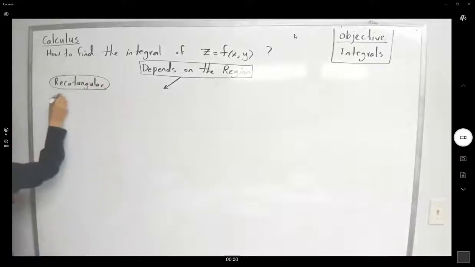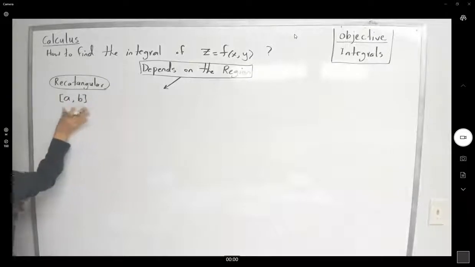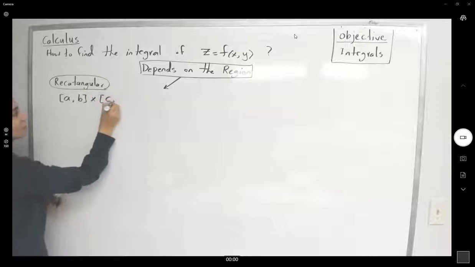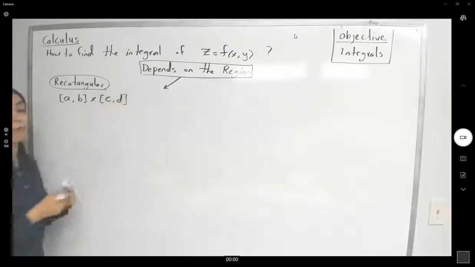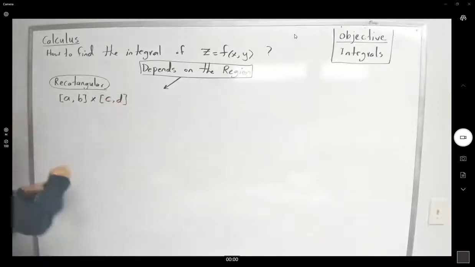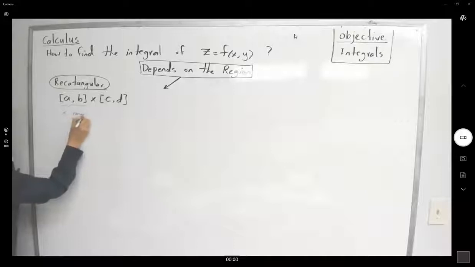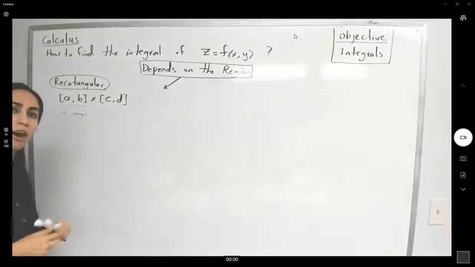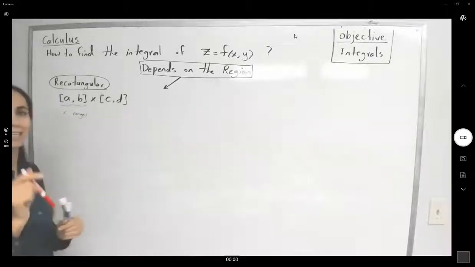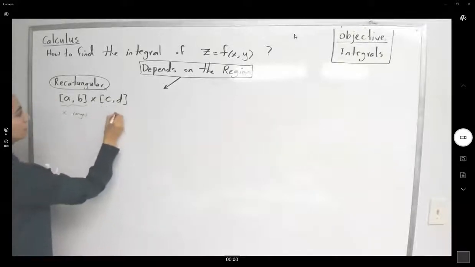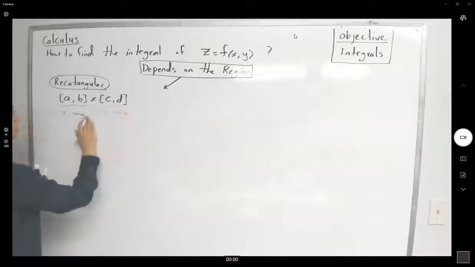It means that the region is defined as [a, b] on the x-axis times [c, d] on the y-axis. So your x ranges between a and b, and your y value ranges between c and d. These are just numbers.